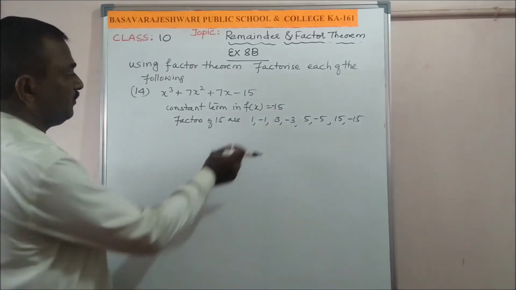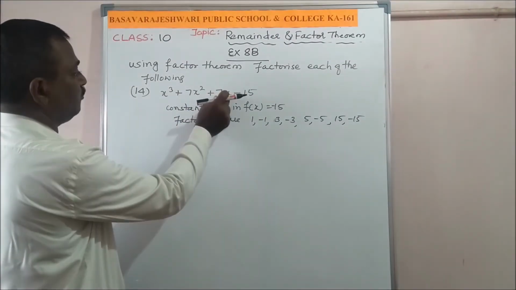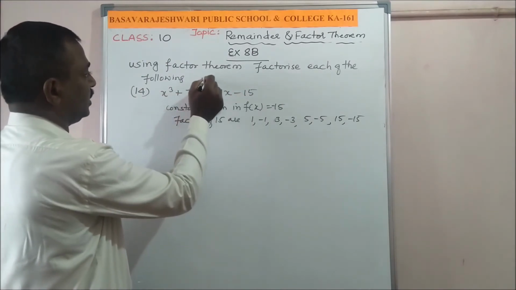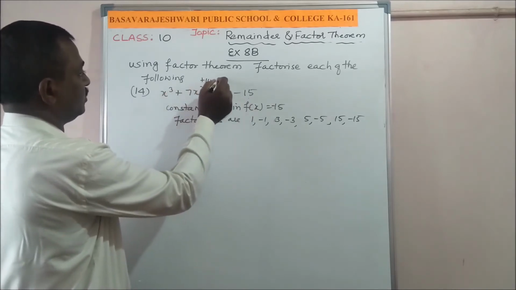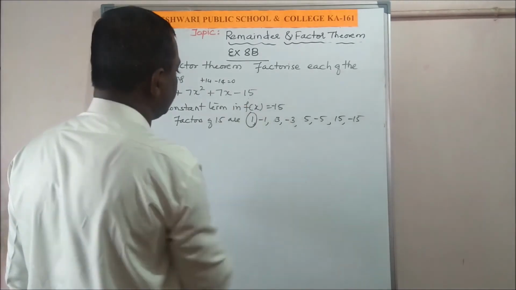So now, if I take 1 here, 1 plus 7 plus 7, 14, 1 minus 15. So it is plus 14. Here minus 15 plus 1, minus 14. So it will be 0. Correct? Therefore I will take this 1 as a.